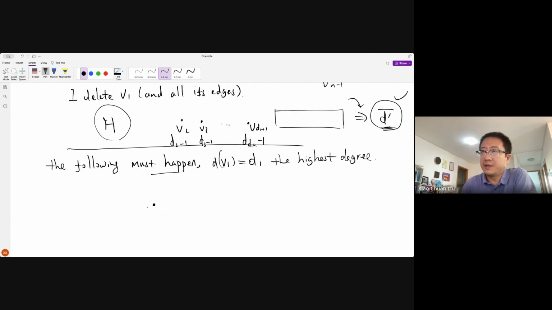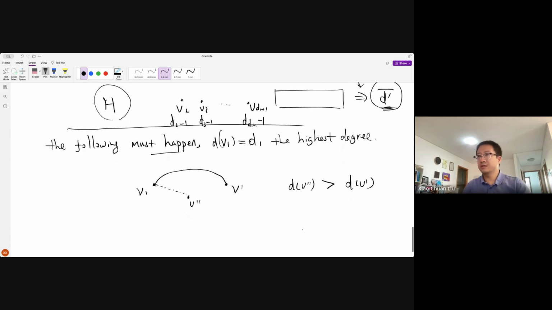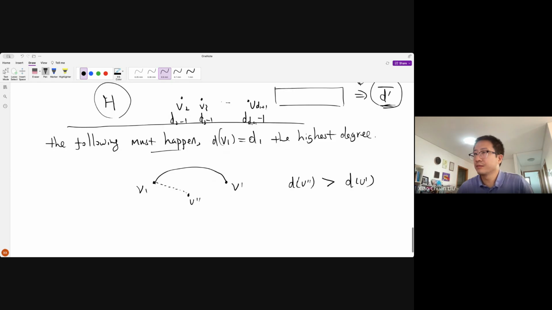What I'm saying is the following must happen. You have V1, it joins some V prime and some V prime prime it does not join, and the degree of V prime prime is greater than the degree of V prime. Is that okay? If this never happened, we are happy. We already know that V1 joins all the highest degree vertices.